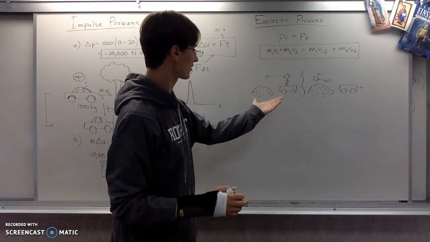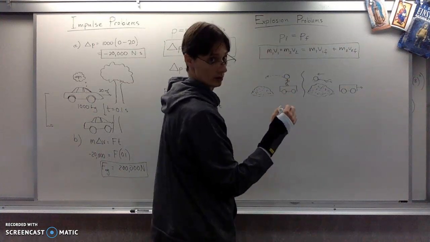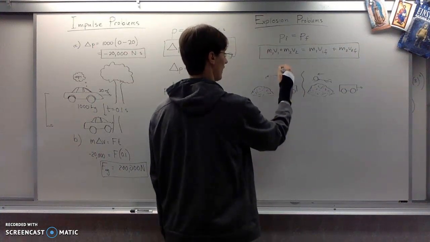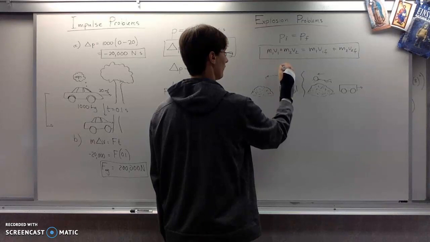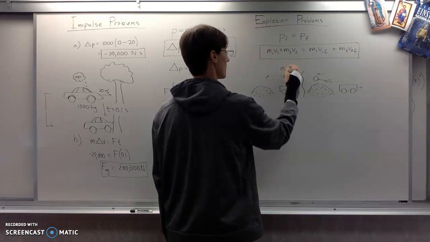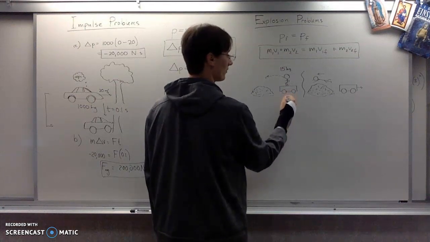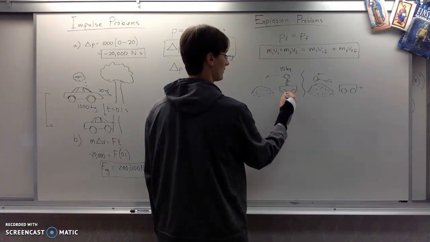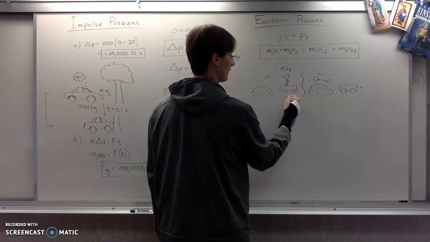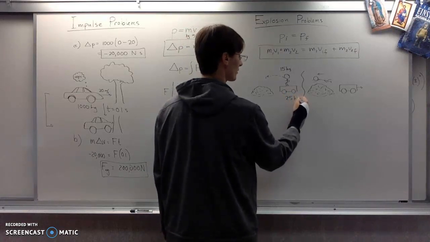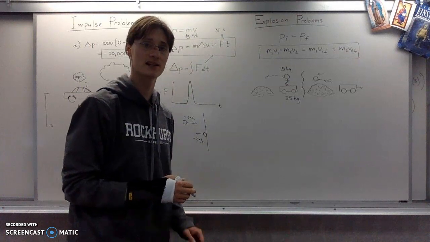All right, so here's our scenario. Let's say Timmy, or whoever, is a small child with a mass of, how about 15 kilograms? He is standing on top of a wagon, which has a mass of, let's say, how about 25 kilograms? I'm probably going to regret choosing these numbers later, but that's all right.